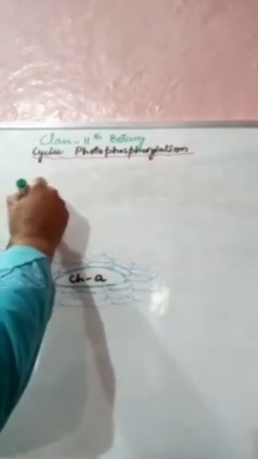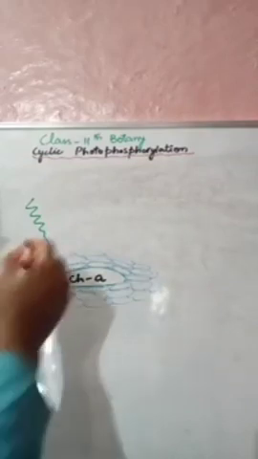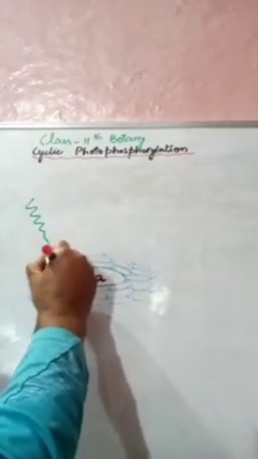Now, when sunlight falls on this, the photons are being absorbed by these accessory cells, and these photons ultimately reach the chlorophyll, this photosystem, which is called a reaction center.